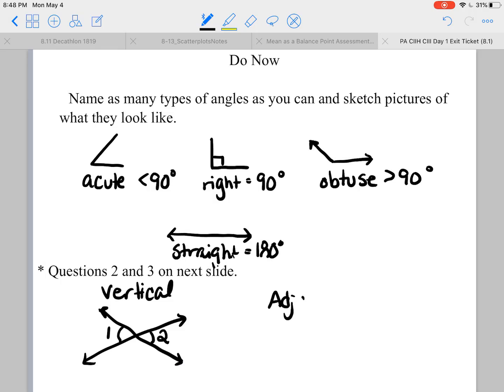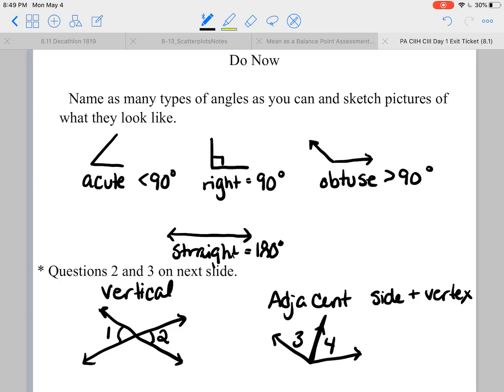Finally, we have adjacent angles. Adjacent angles share a side and a vertex. So here, these 2 angles, 3 and 4, they are adjacent because they share this side and this vertex.